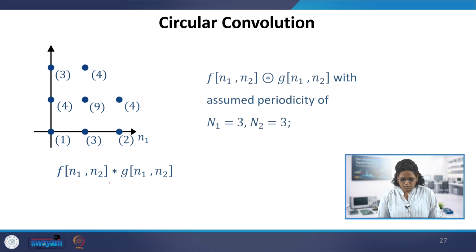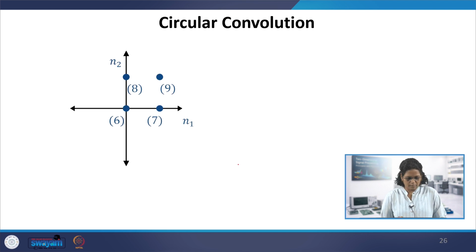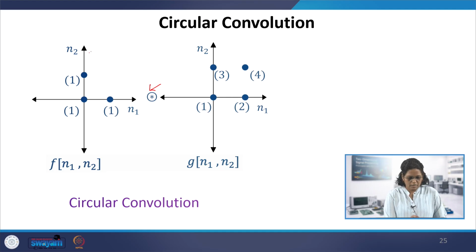But when we make n1 equal to 3 and n2 equal to 3, the result changes. For the sequence f, which is 1 1 1 1, and the sequence g, which is 1 2 3 4, the other samples need to be assumed as 0.